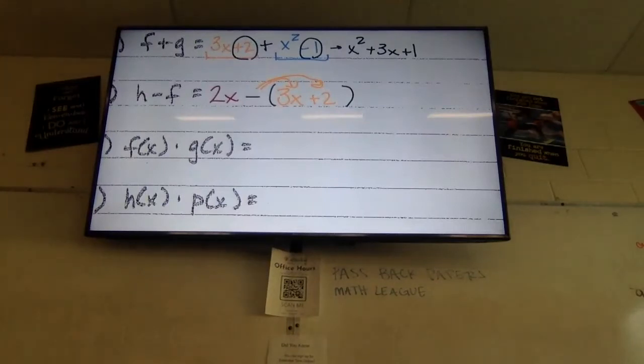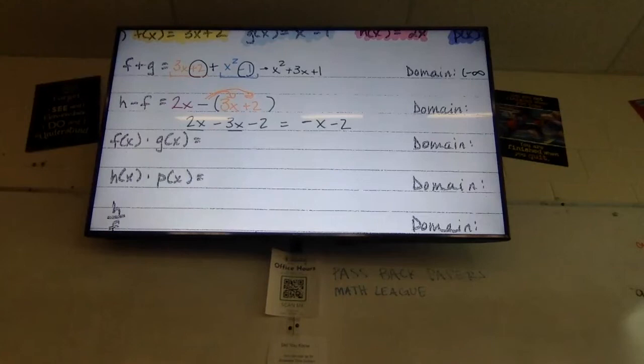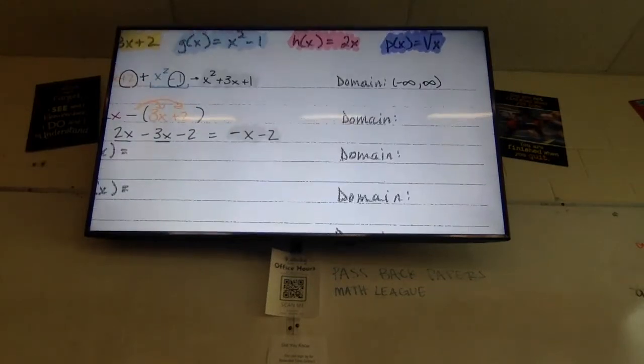That gives me 2x minus 3x minus 2. Combining like terms, 2x minus 3x is negative x, minus 2. And that's my answer for that one. What's my domain here? All reals, negative infinity to positive infinity.